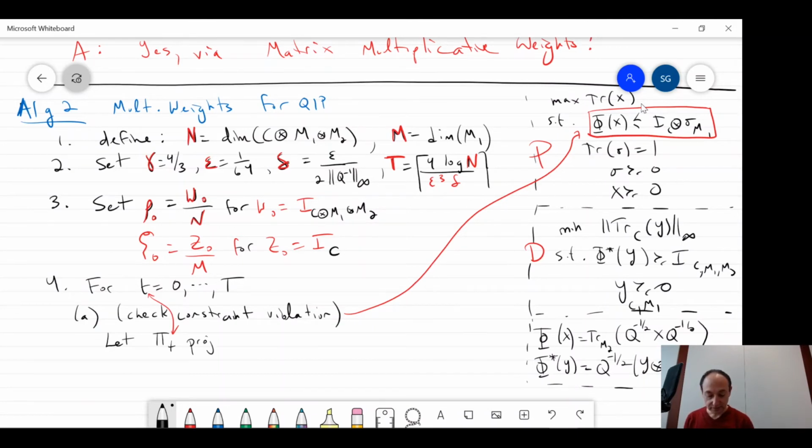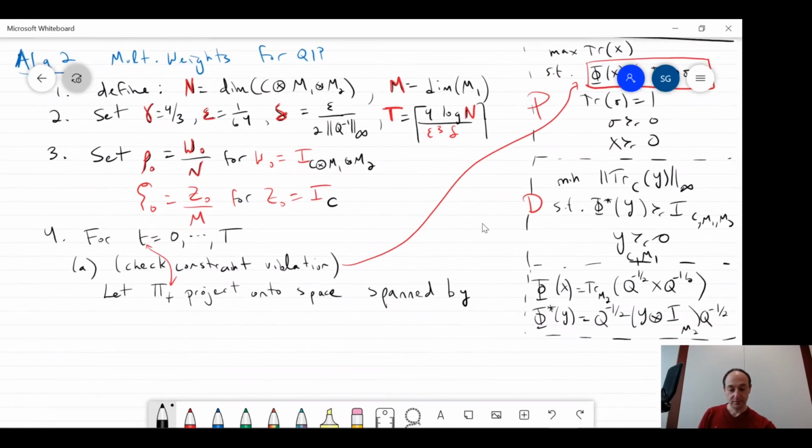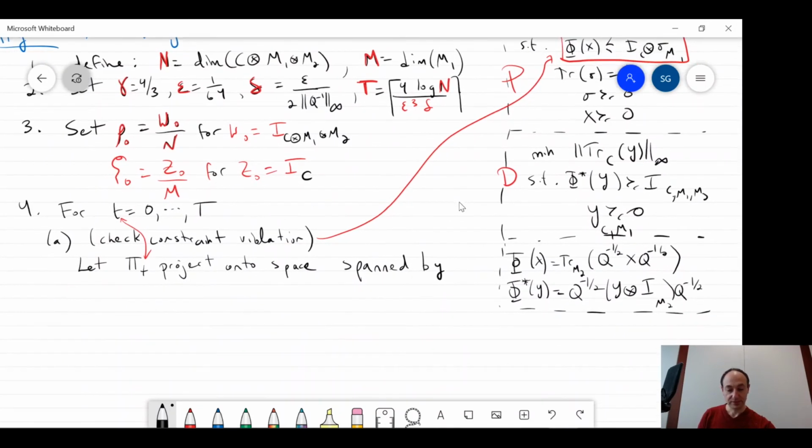Project onto the space spanned by the eigenvectors of what? Well, exactly what I said: let's just move these things over to one side.